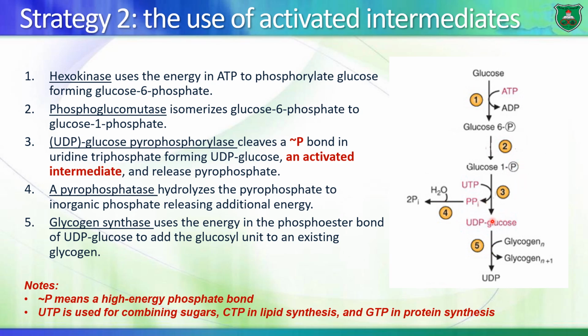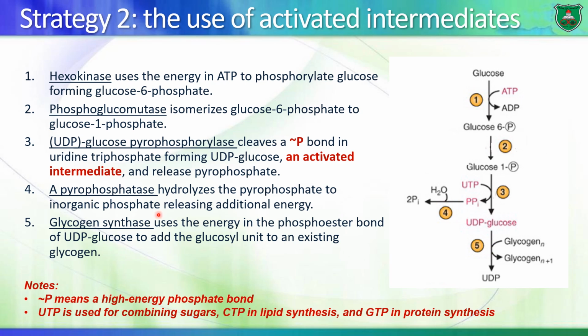Now, this is an activated intermediate. In addition, you have the release of what is known as pyrophosphate. And this pyrophosphate is immediately hydrolyzed to two separate inorganic phosphates by another enzyme known as a pyrophosphatase.